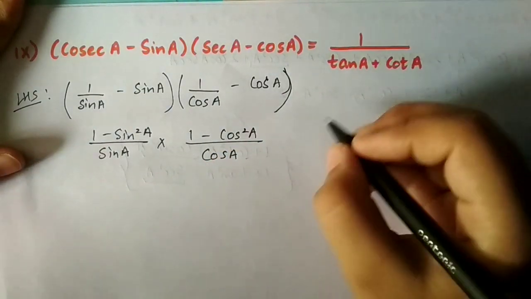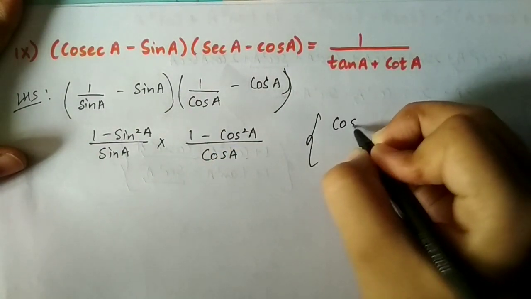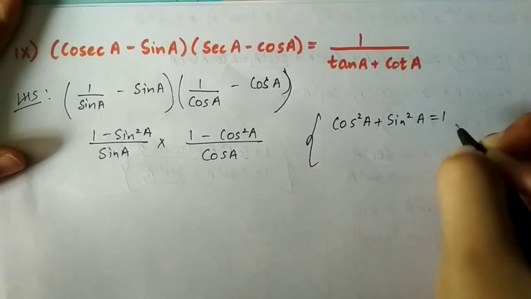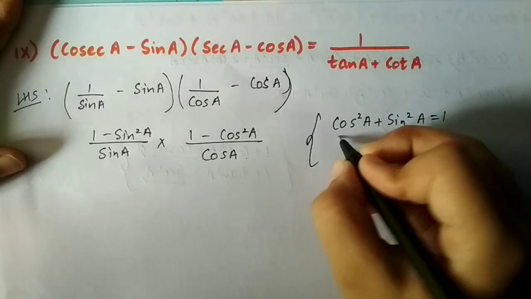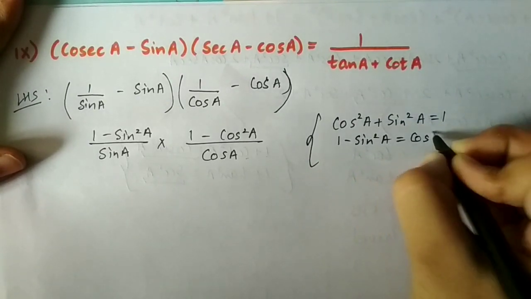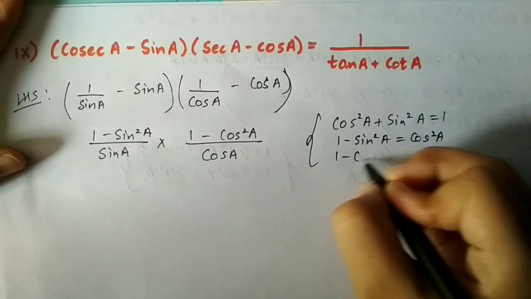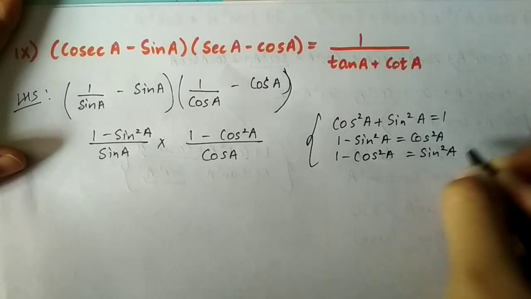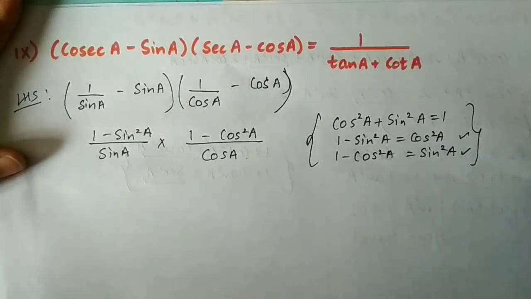Now here we will use this identity, cos square A plus sin square A is equal to 1. So from here 1 minus sin square A is equal to cos square A, and similarly 1 minus cos square A will be equal to sin square A. So we will use these two forms of the identity.